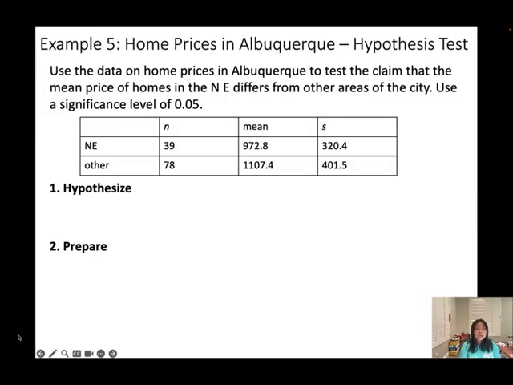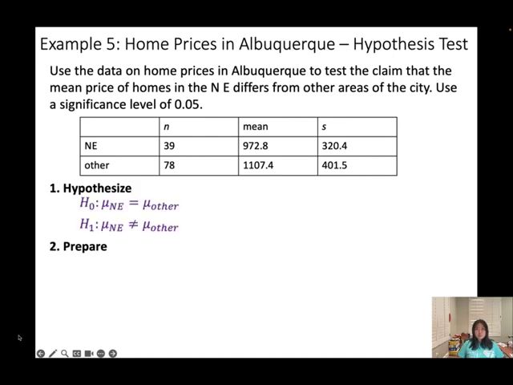Okay, I want you guys to try to do example 5. Check your words. Hypothesis equal, right?